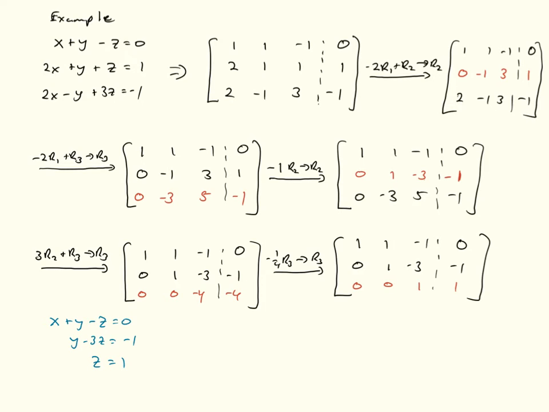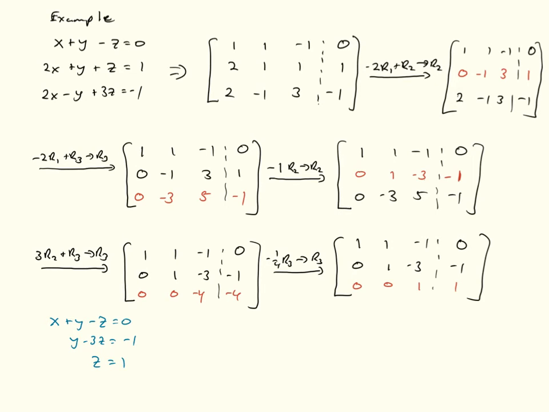When I take 3 times row 2 and add it to row 3, 3 times 0 added to 0, that's what gives me the 0 here. 3 times 1 added to negative 3, that gives me the 0. Then 3 times negative 3 is negative 9, added to 5 is negative 4. And 3 times negative 1 is negative 3, added to negative 1, I get negative 4. So we're almost done.